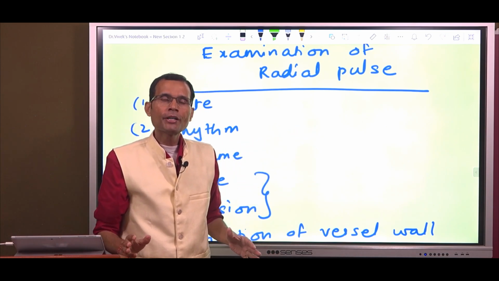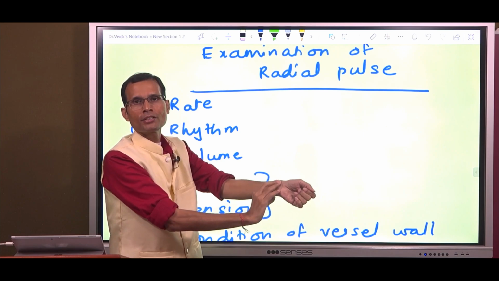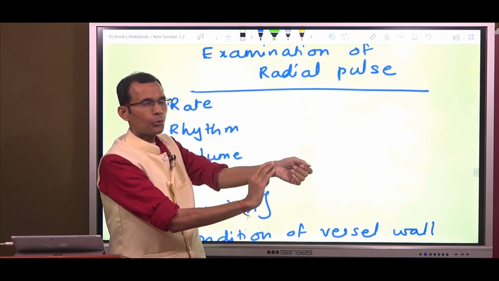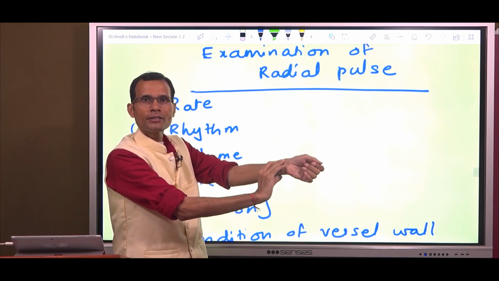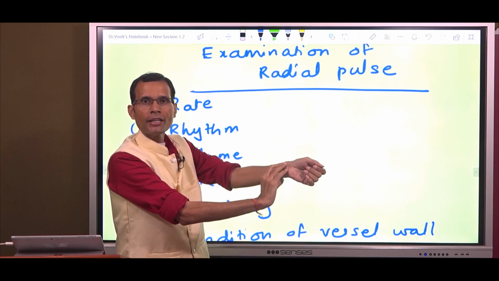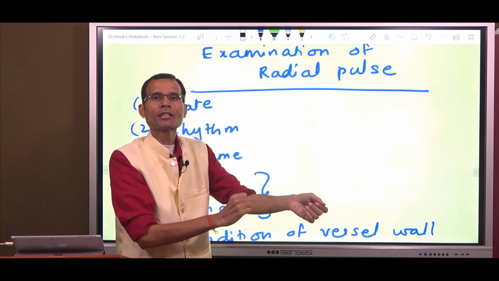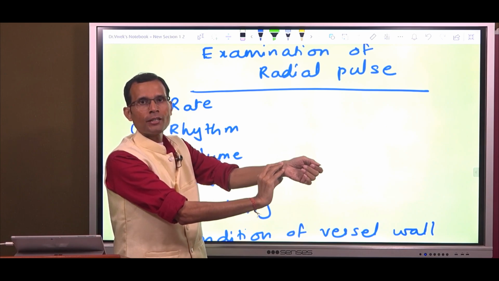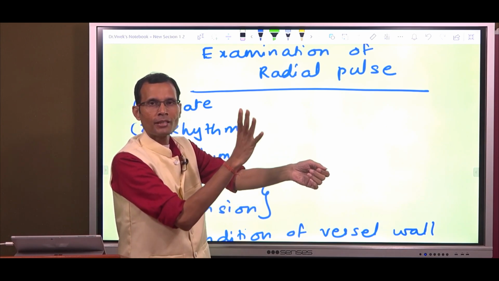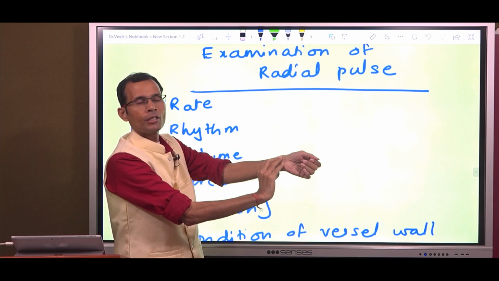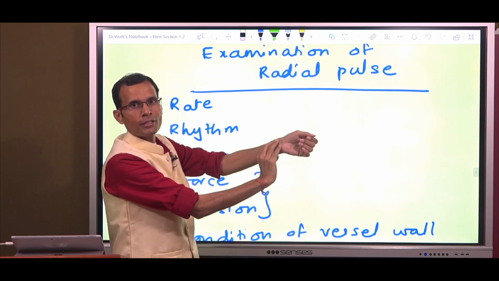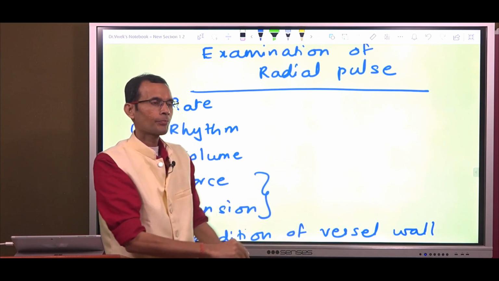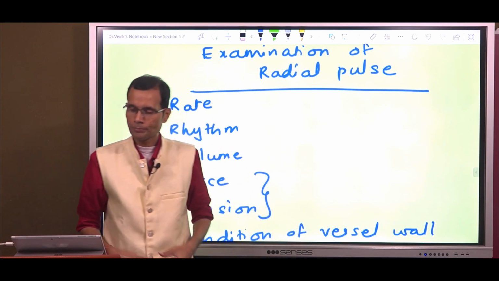At the starting point, you may not get those pulsations easily, or they may be very feeble, very weak. So you will have to maneuver your fingers and reach an area where you feel that maximum thrust. Do that. Now you got the area of maximum thrust, maximum pulsation. So place those 3 fingers there, and now start examination of the pulse. Start examining the radial pulse.